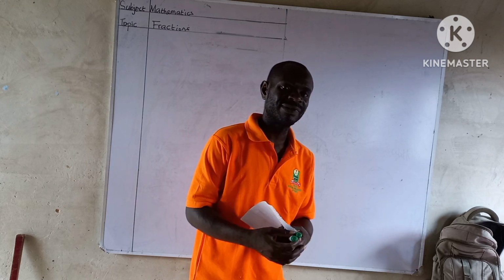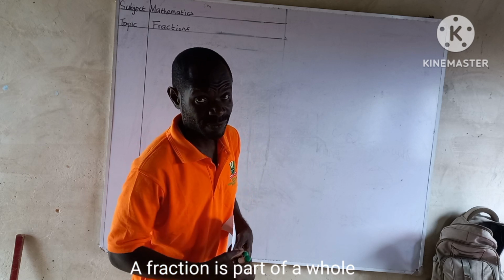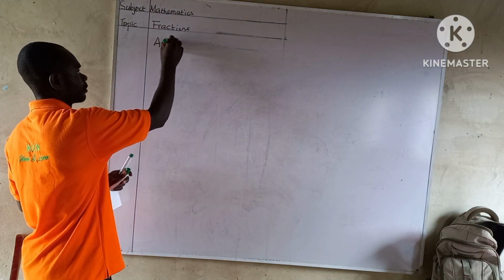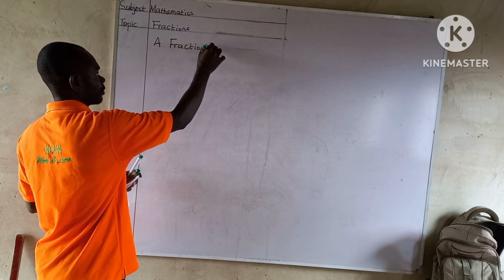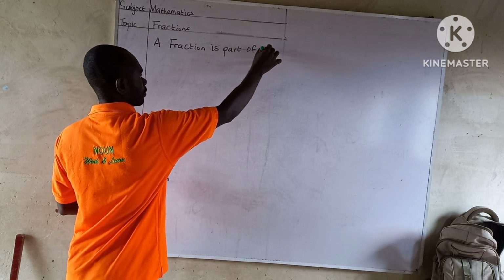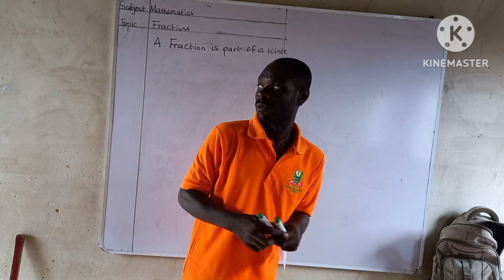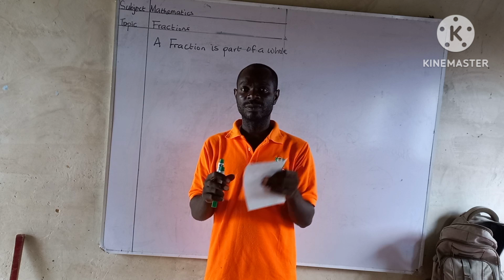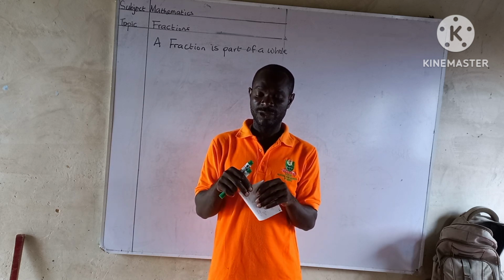First and foremost, what is a fraction? By definition, a fraction is part of a whole. Part of a whole. Now what I'm holding here is a sheet of paper. It is one page, one sheet of paper.